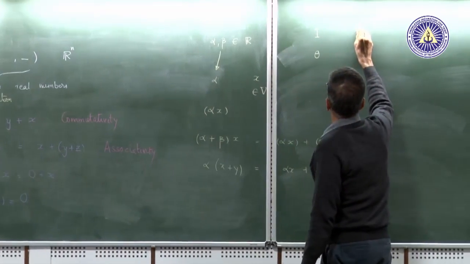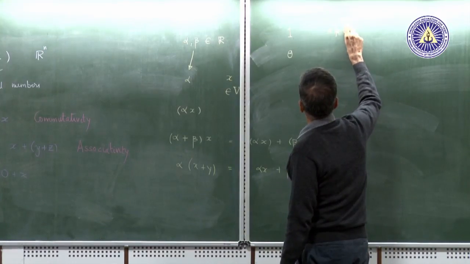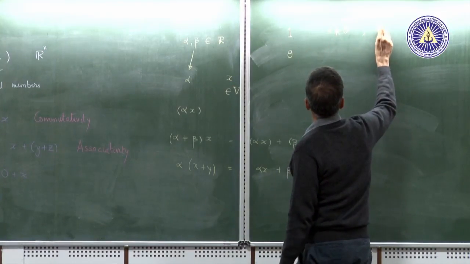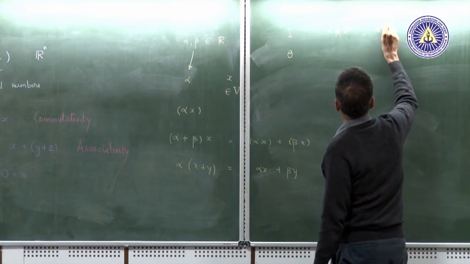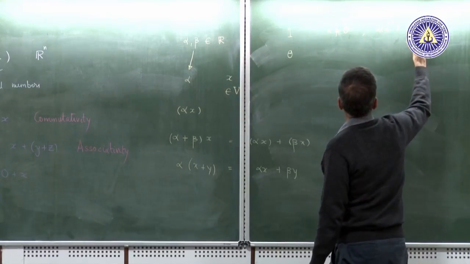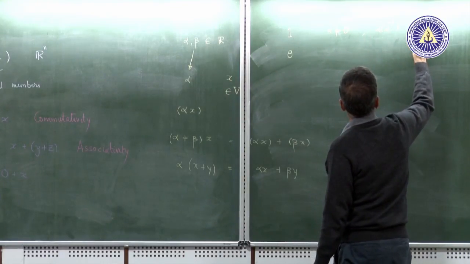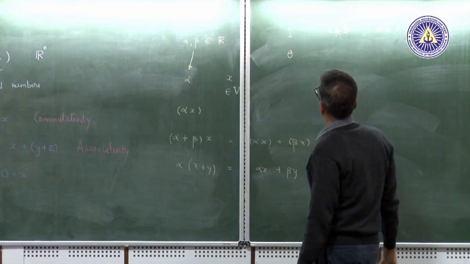So, for every alpha which is not this 0, I can find an alpha inverse, so that this with the binary operation, with one of the binary operations in the field, will give you this.